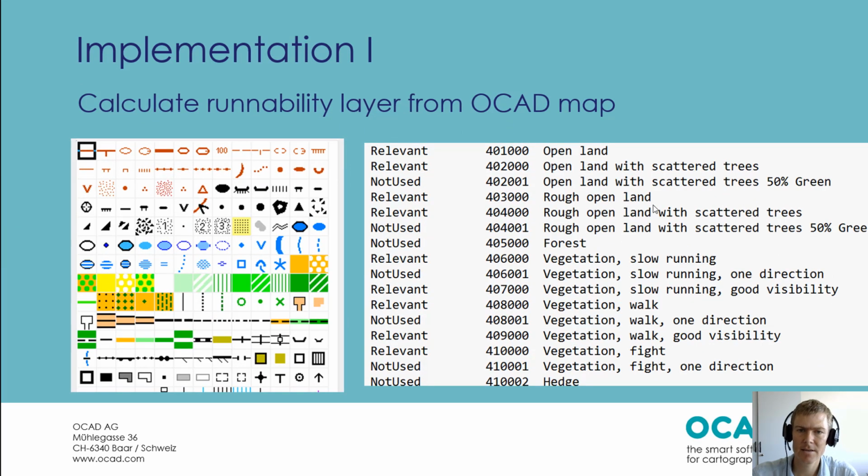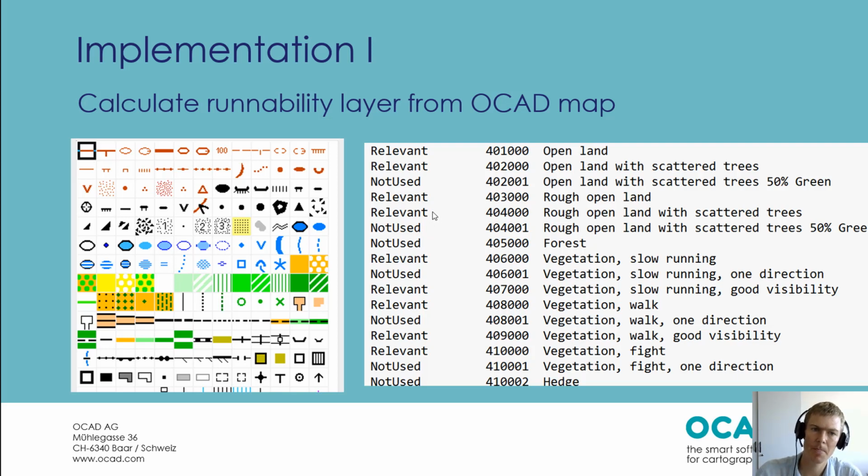To create this runnability layer, OCAD assigns a runnability factor to each symbol. So it takes the symbol set of your map and then it tries to assign each symbol to a runnability factor.